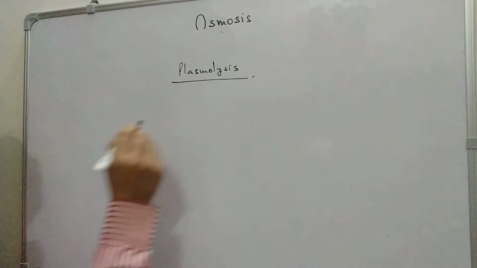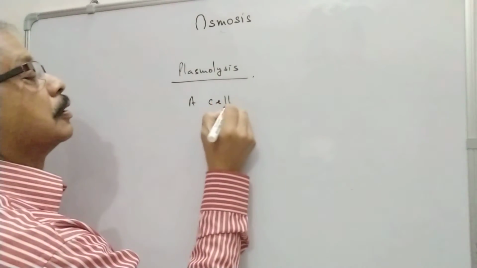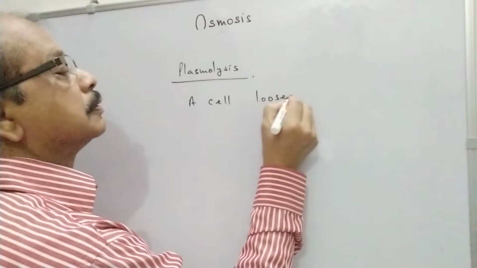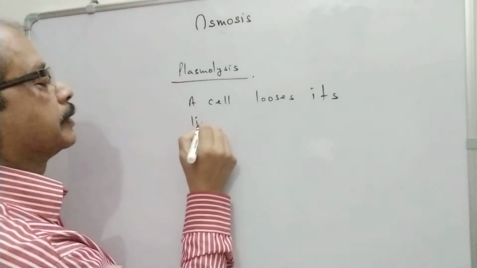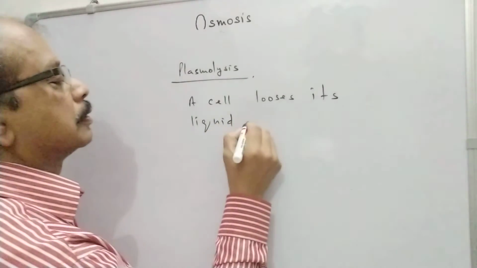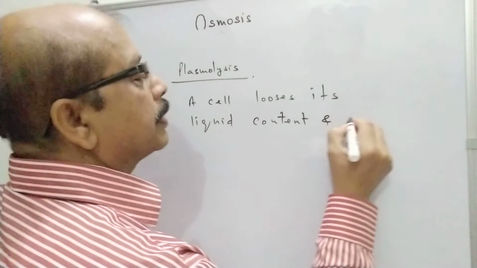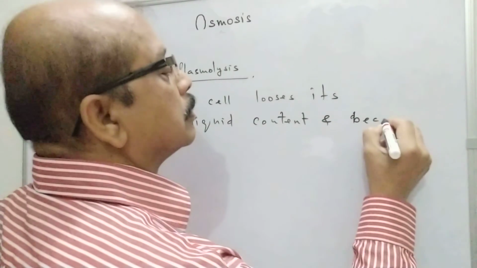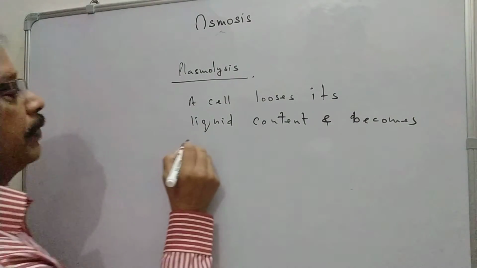Plasmolysis is a process in which a cell loses its liquid content and shrinks.